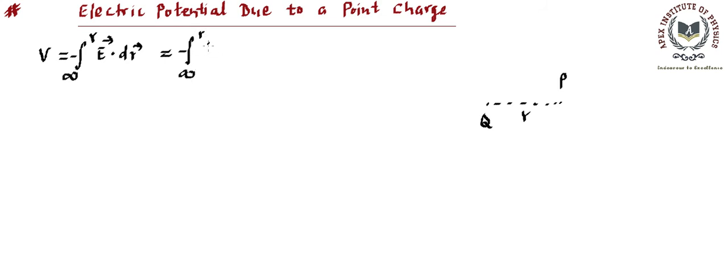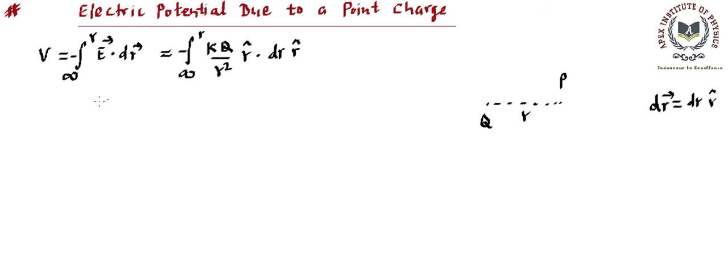E can be written as KQ upon r square at any distance r, in the r cap direction, dot dr. Whenever we require dr as a vector, we can always write this dr vector as a dr magnitude and r cap direction. So this will become dr r cap.